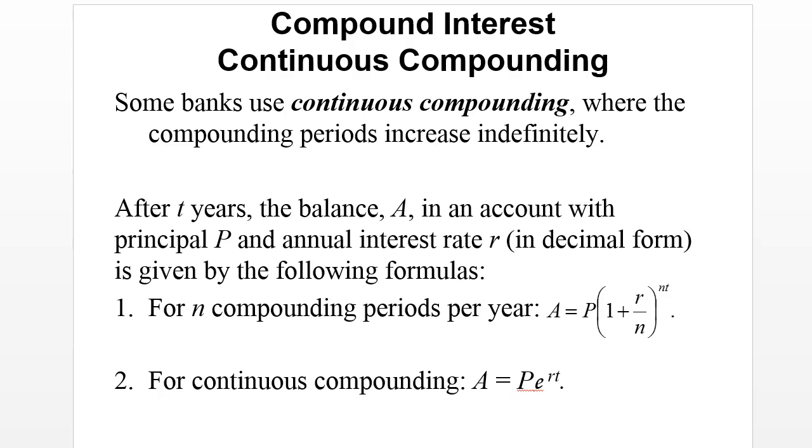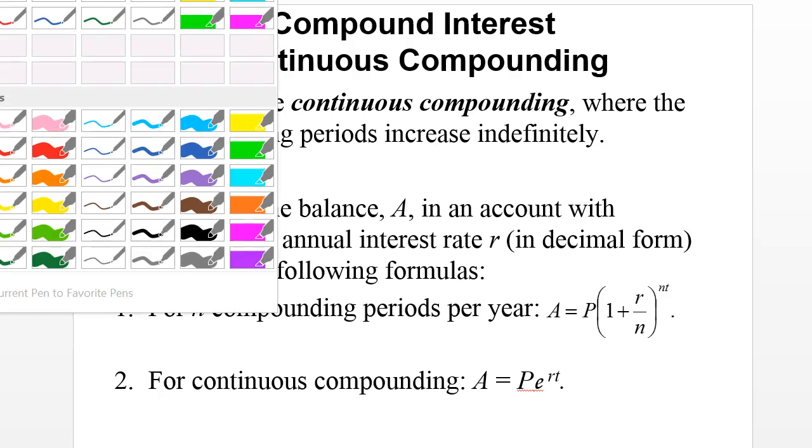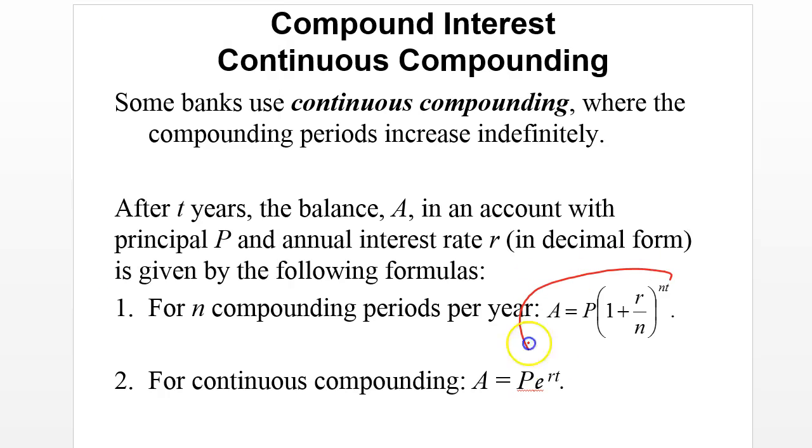It's a teeny tiny amount, because it's kind of like the idea of what we were doing before with this n going towards infinity, getting huge. And what happens is this little number that we add to 1 here, because the bottom gets so big, it's like we're virtually adding no interest, because that denominator gets so large.